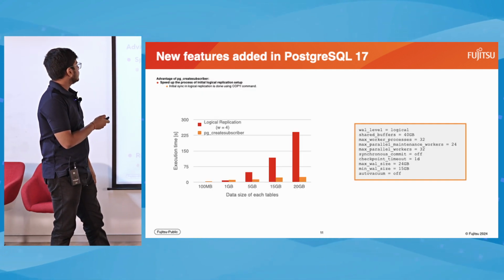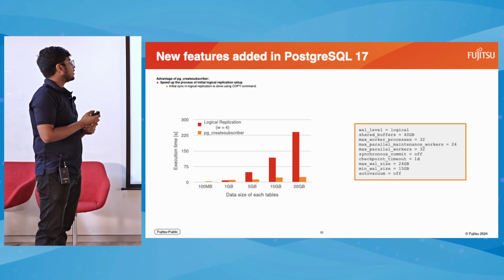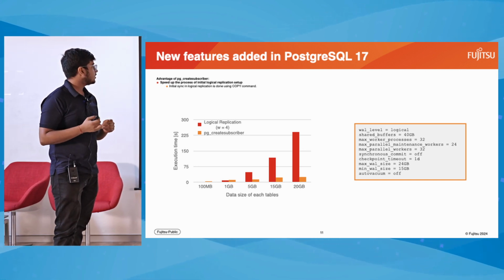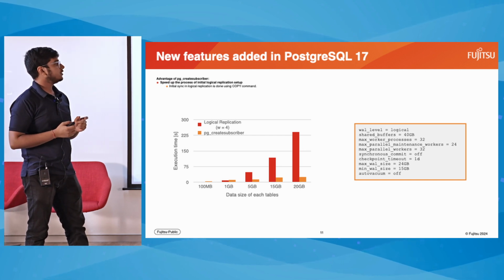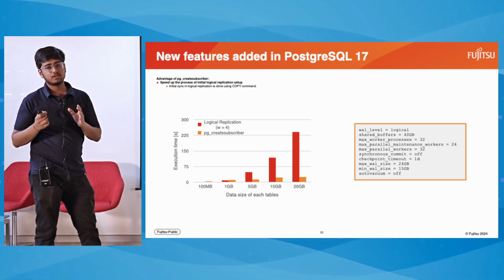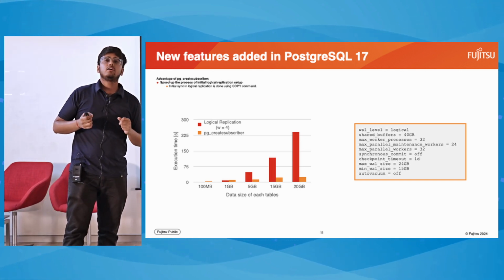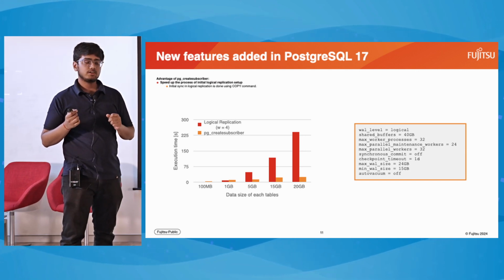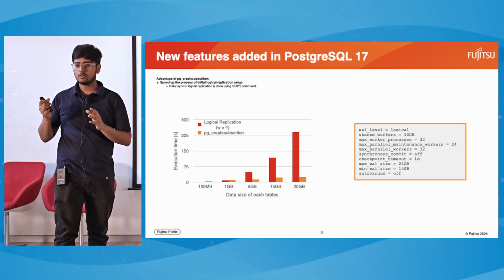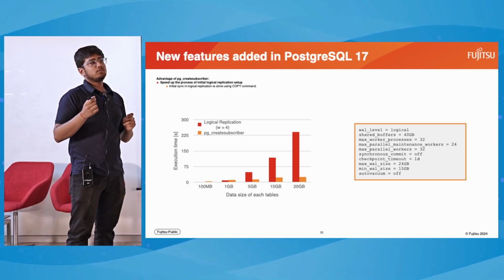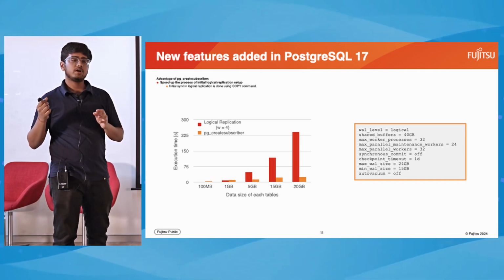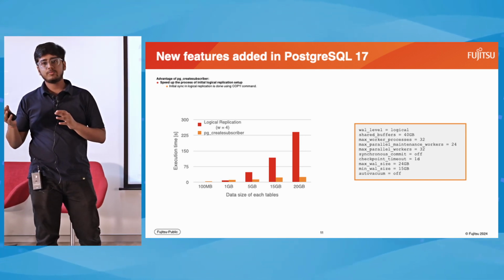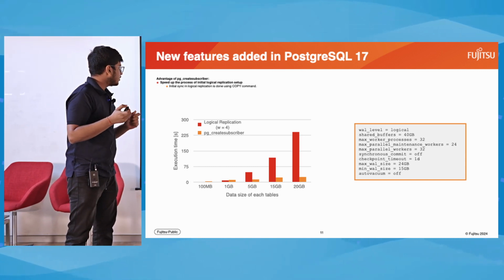Apart from this, pg_createsubscriber has another advantage: it can speed up the initial logical replication setup. For a normal logical replication setup, the initial sync is done by a copy command, and the execution time of this copy command depends on the number of tables present in the initial database.